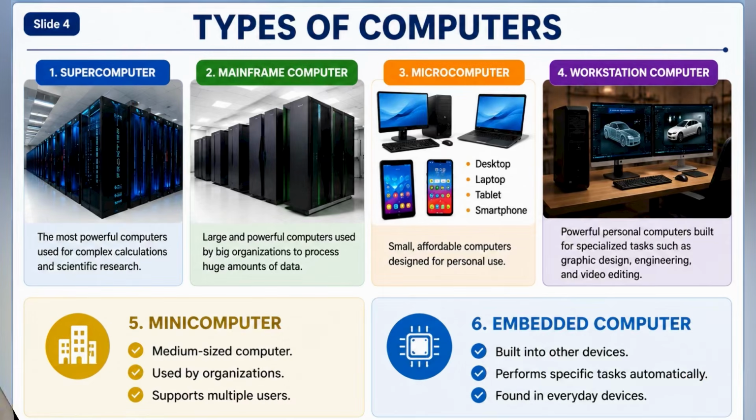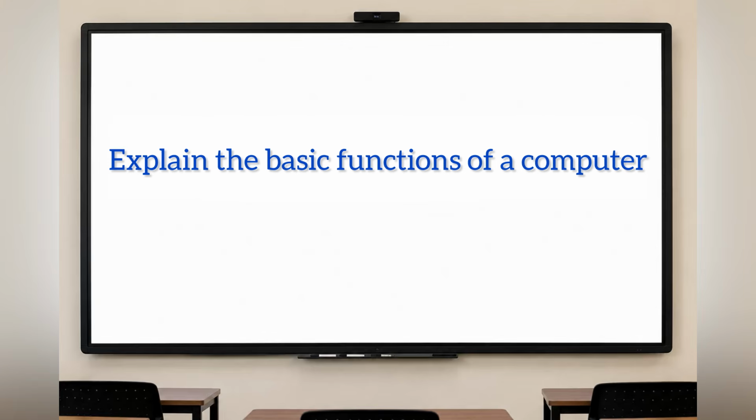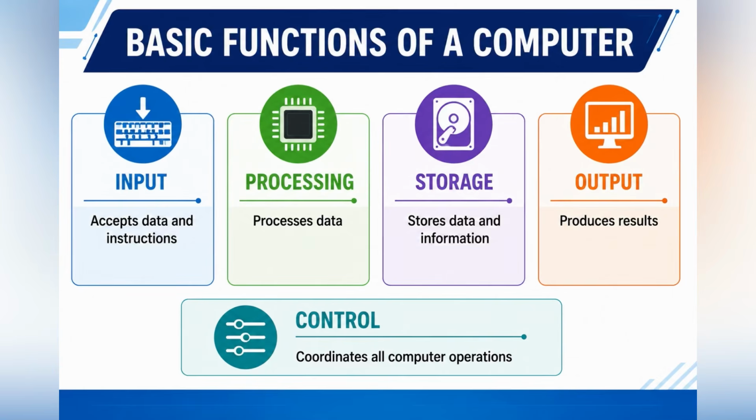The important thing to remember is that computers come in different forms, but they help us process information and perform tasks efficiently. Now that we have seen different types of computers, let's look at how a computer actually works. Before we see how a computer works, let's first understand its basic functions. Every computer performs 5 main functions.